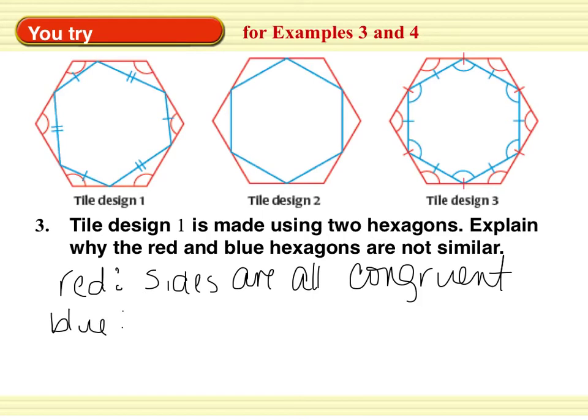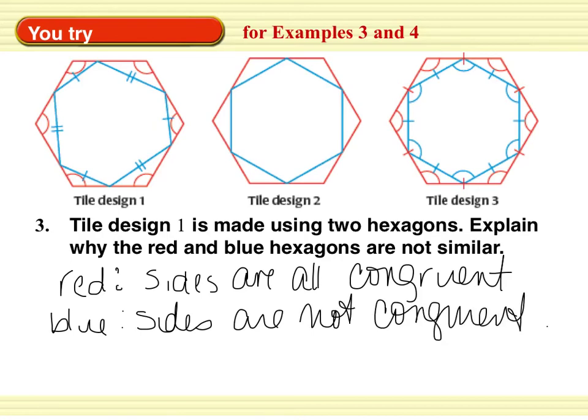The blue hexagon, the sides are not congruent, so they're not going to be proportional. Okay, that's given to us. So technically we can say the ratios are not constant. The ratios of the side lengths are not constant.